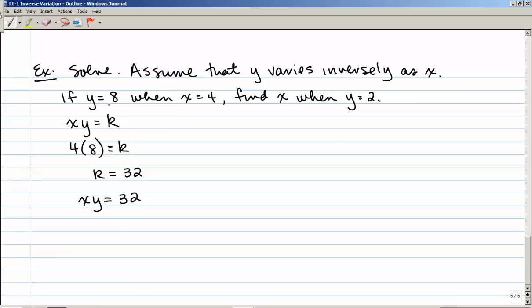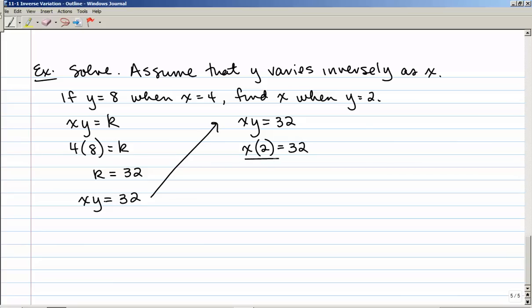So I got that information from the first part of the statement. Now I'm going to use the second part of the statement to find x when y equals 2. So let's use that equation. xy equals 32. I don't know x, so that stays x. Y is 2, and that has to equal 32.